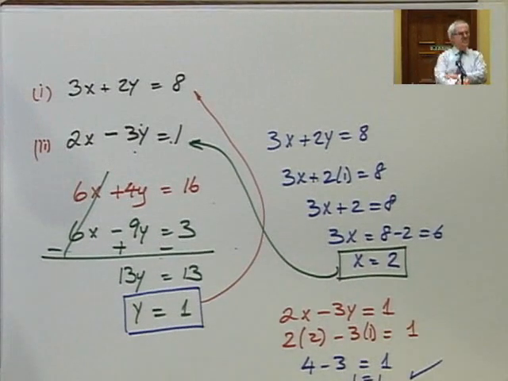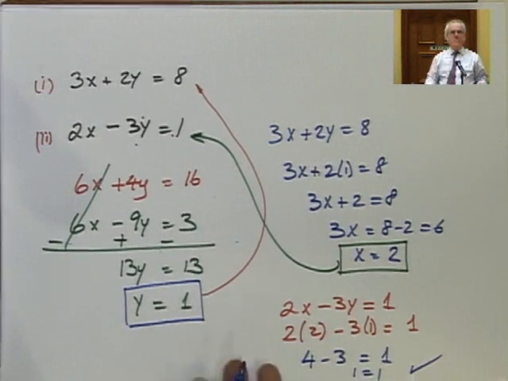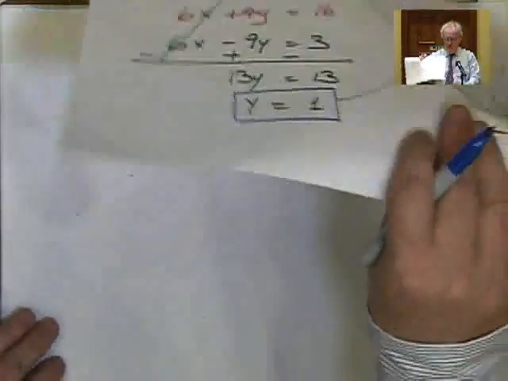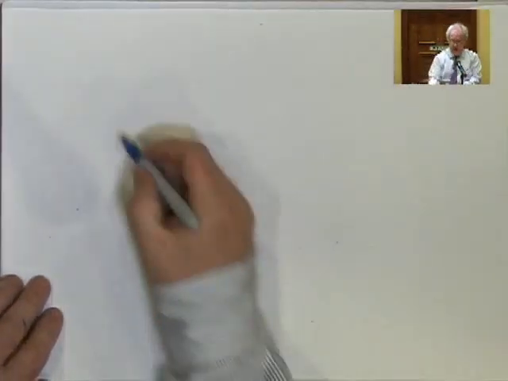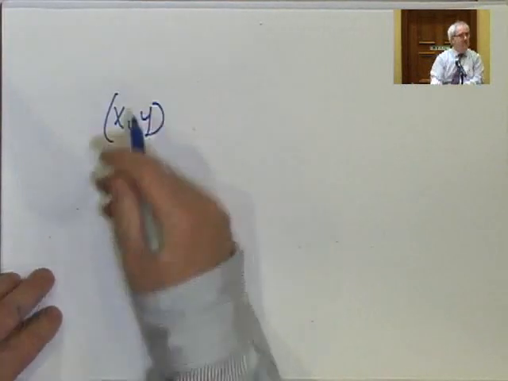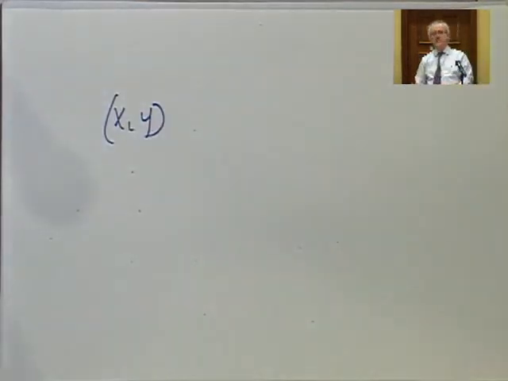Now, where do those points cross? Well, what's the definition of any point anywhere? What's the coordinates of any point anywhere? The coordinates of any point anywhere are x, y. X comes before y in the alphabet. X is the horizontal before the y. When we're reading a book, we always read across before we read down.